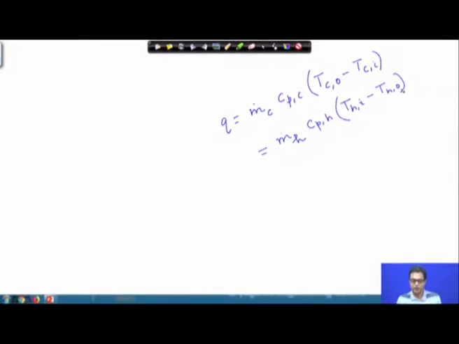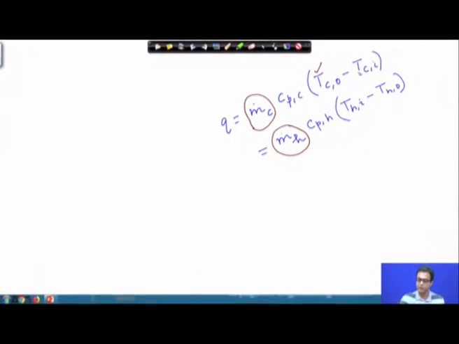So, if we have to find out this heat transfer, let us see what parameters are known to us. We know the mass flow rate of the cold fluid. What is the cold fluid? The water is the cold fluid. We know the mass flow rate of the hot fluid, that is also known. The cold entry temperature T C in is known, entering at 30 degree centigrade.